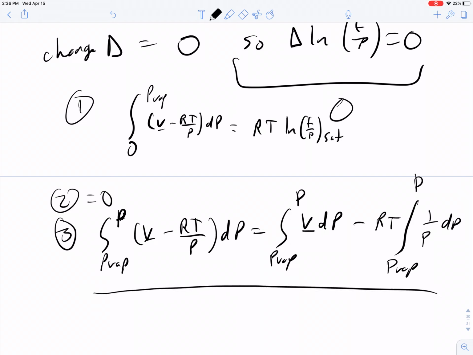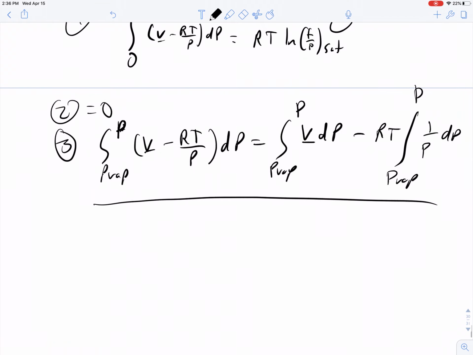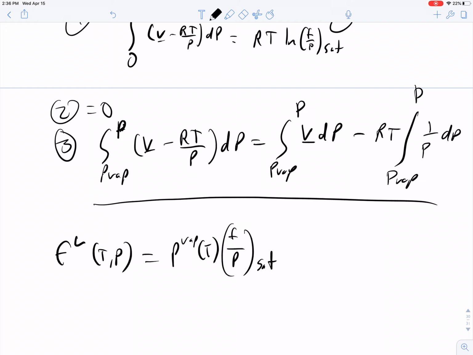Long story short, this overall becomes the fugacity of the liquid phase at temperature and pressure, which then becomes the vapor pressure times the saturation fugacity coefficient, times exp of 1 over RT times the integral from P vape up to P of V underbar dP.